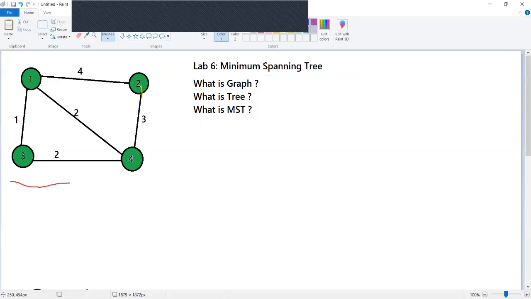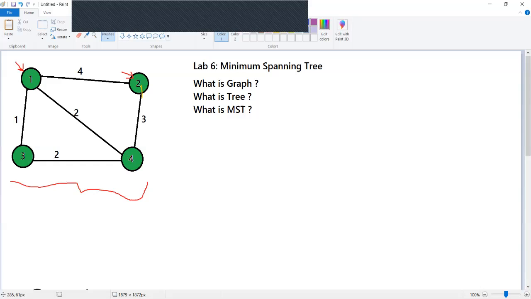You see the image on my left side, it's actually called a graph. A graph is something that has nodes and edges. The graph is like a map in real life. From one city, you go to another city, and you have some sort of distance between two cities. You have distance between city 2 and city 4, between city 4 and city 3, between city 1 and city 4.